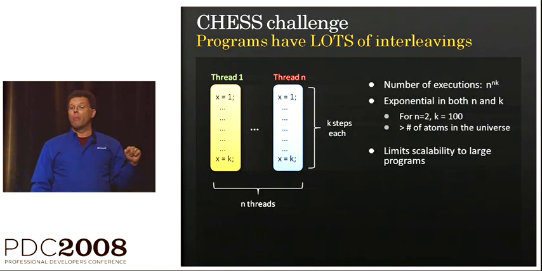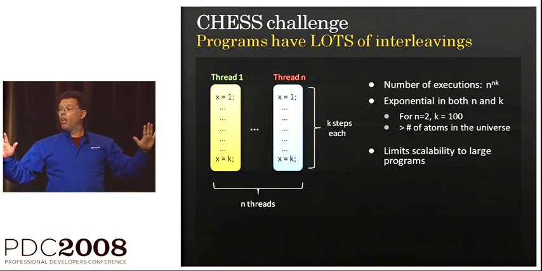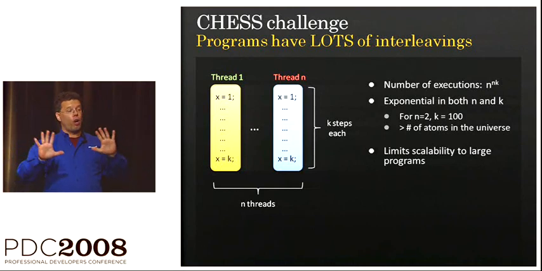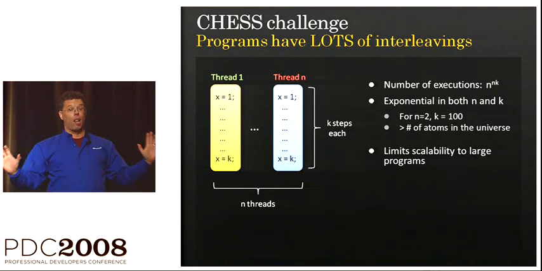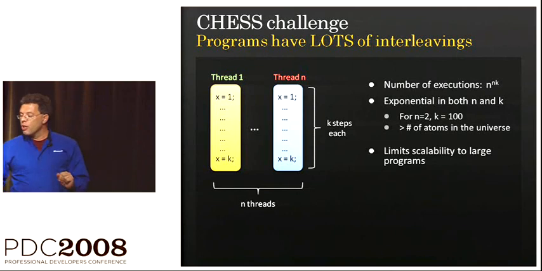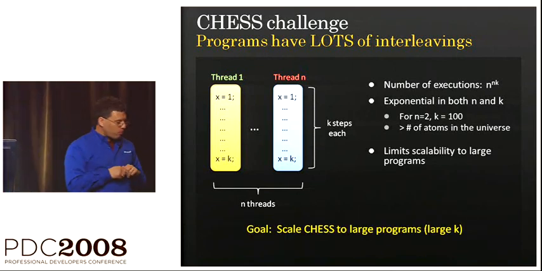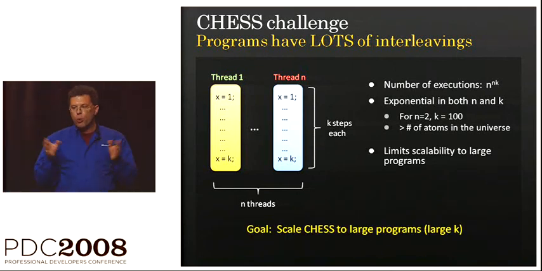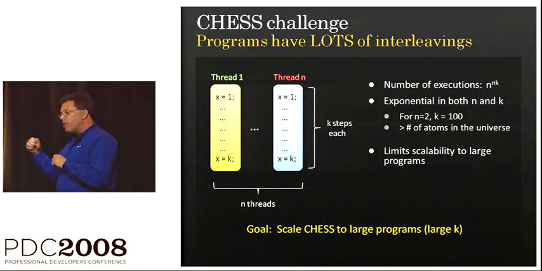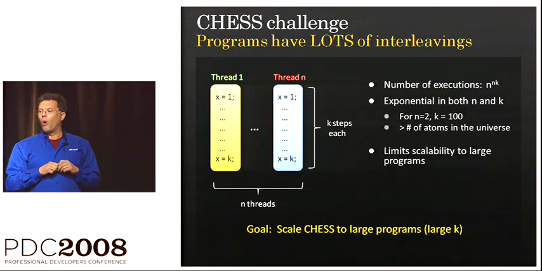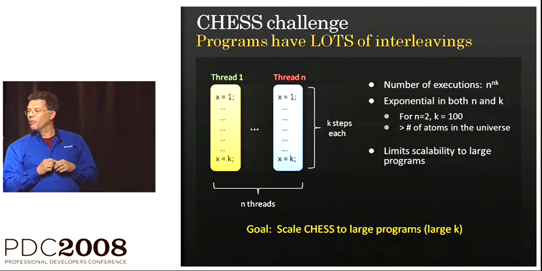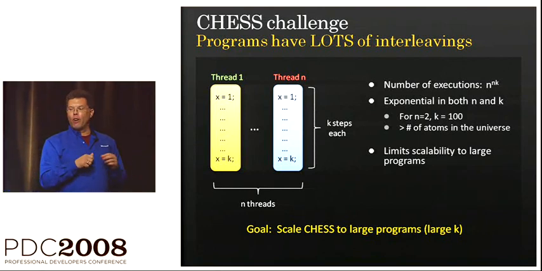And the key problem in model checking is when you take n concurrent processes or threads and combine them, you get a lot of states. So this limits the scalability to large programs. In particular, even if we shrink n to be very small, you see that for even moderately small or large k, depending on your notion of small or large, 100, you have a very big state space.